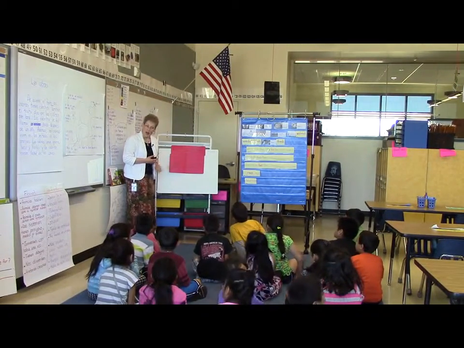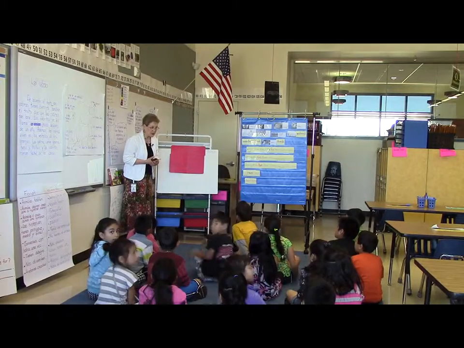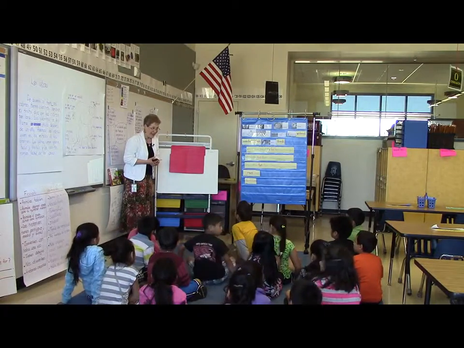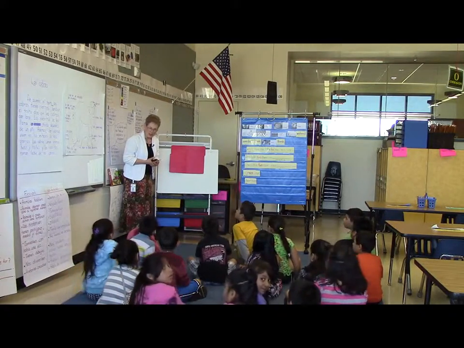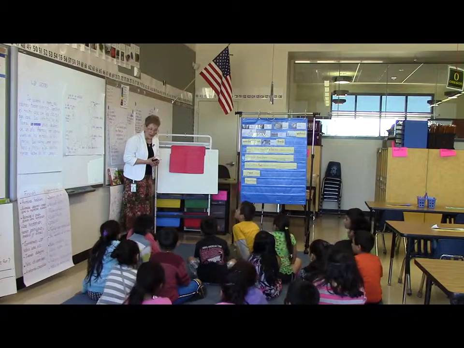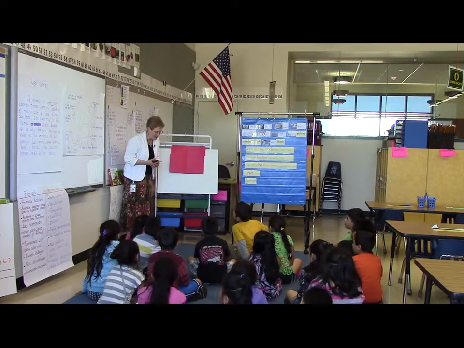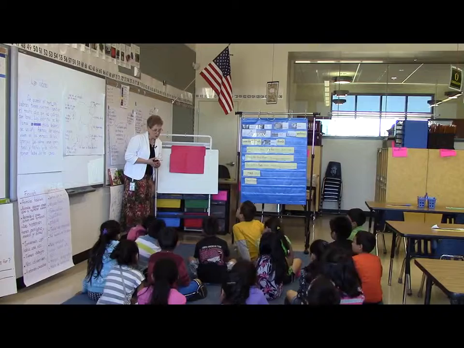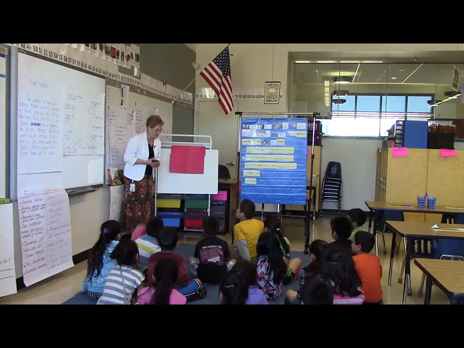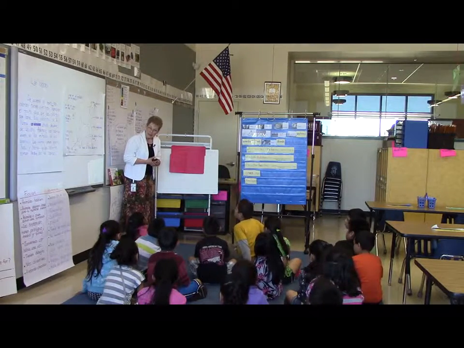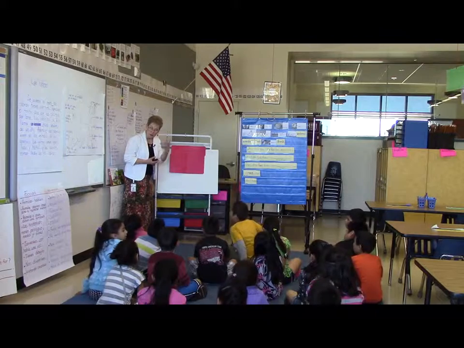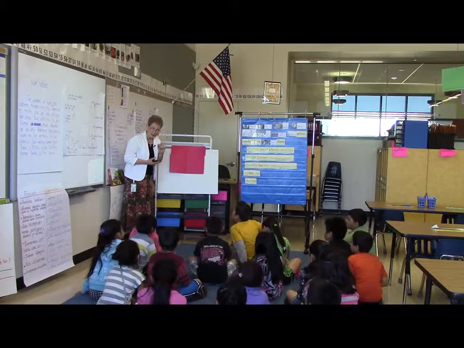Now, first of all, I know you've been doing the story of the Little Red Hen. And there are lots of things that we can talk about with the Little Red Hen. I know that you had some opinions about what the Little Red Hen should have done and could have done. That was very good. But today we're going to talk about just describing the Little Red Hen.